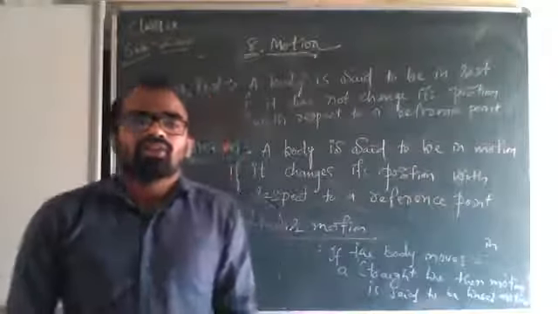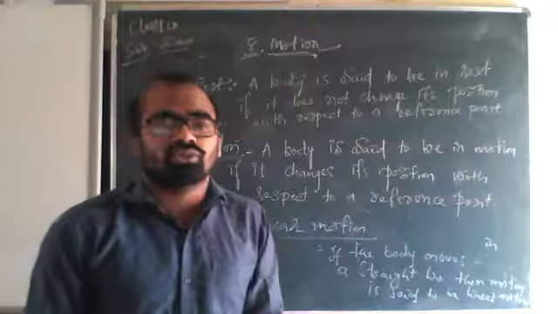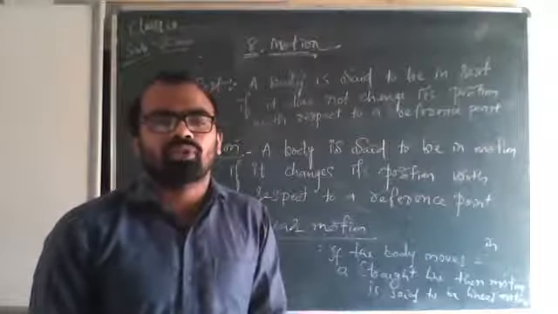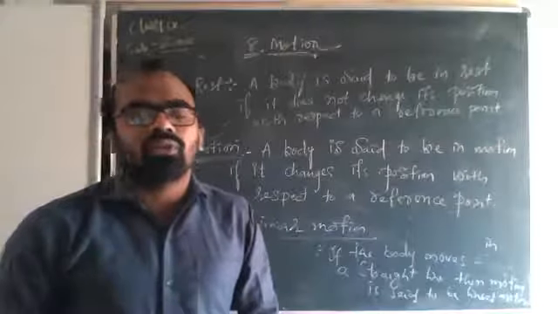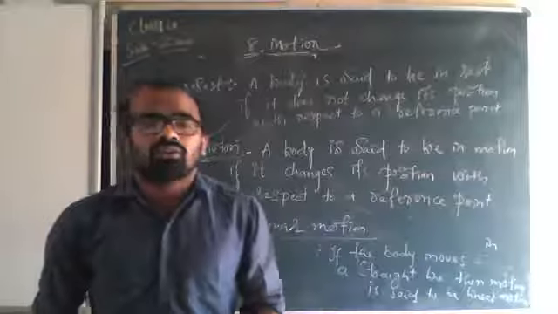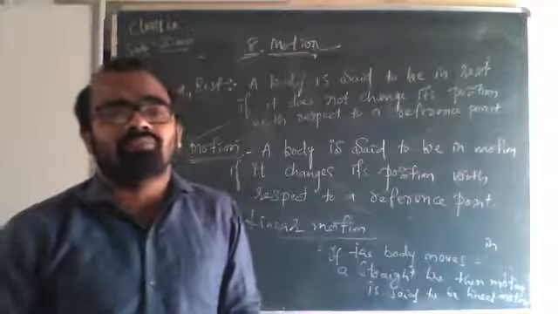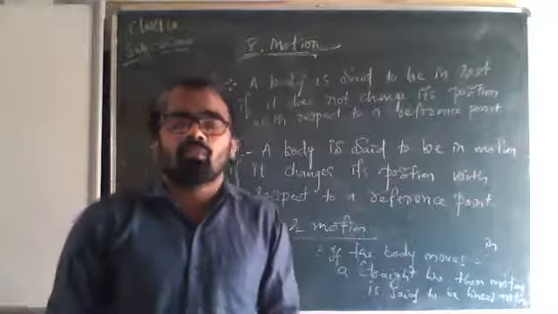In linear motion we can consider that, but in circular motion we cannot consider distance. So here we can say the ball is at rest. And the ball is in motion when it is hit by a batsman and it is moving, at that time it is in motion.